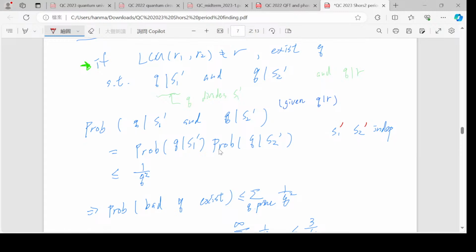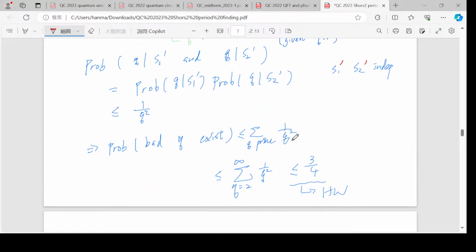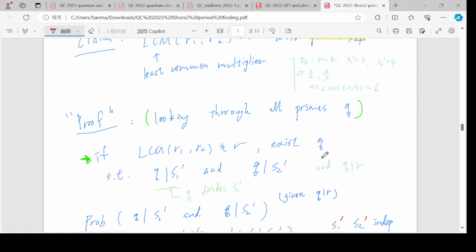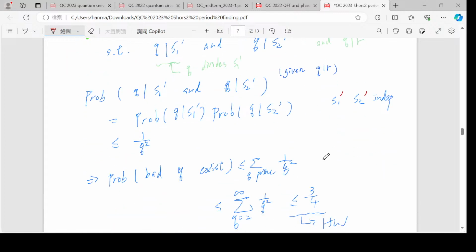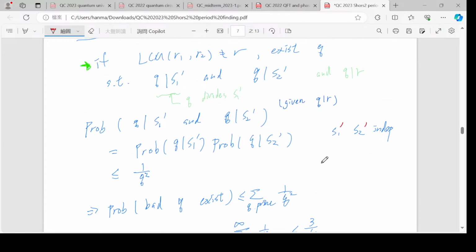Okay, so now you think about a uniform number and dividing it by some prime Q. Here we don't even need Q to be prime, but Q prime is even better.